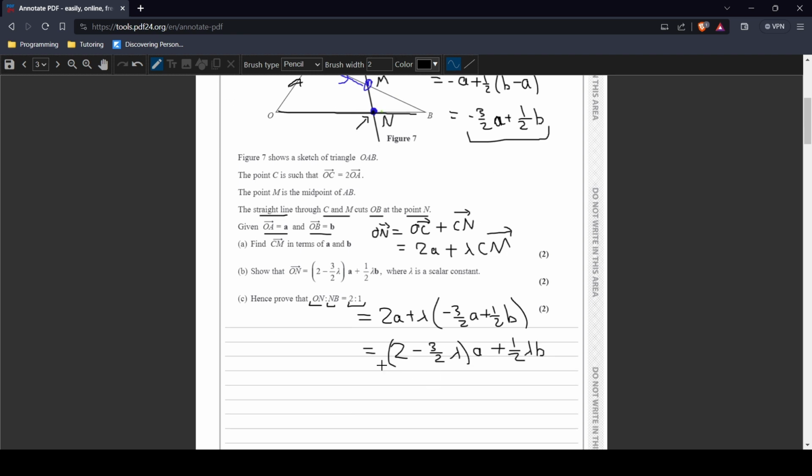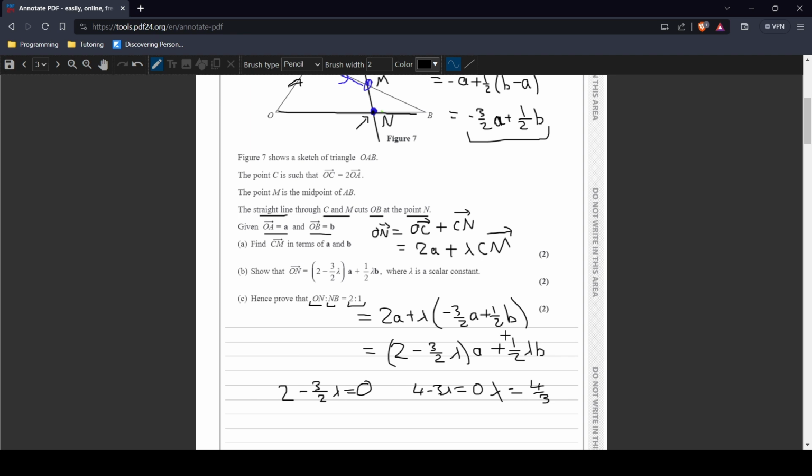So in other words, this part of the position vector of N should be 0. So we say 2 minus 3 halves lambda is 0. Solving that, we get 4 minus 3 lambda is 0, so lambda is equal to 4/3.